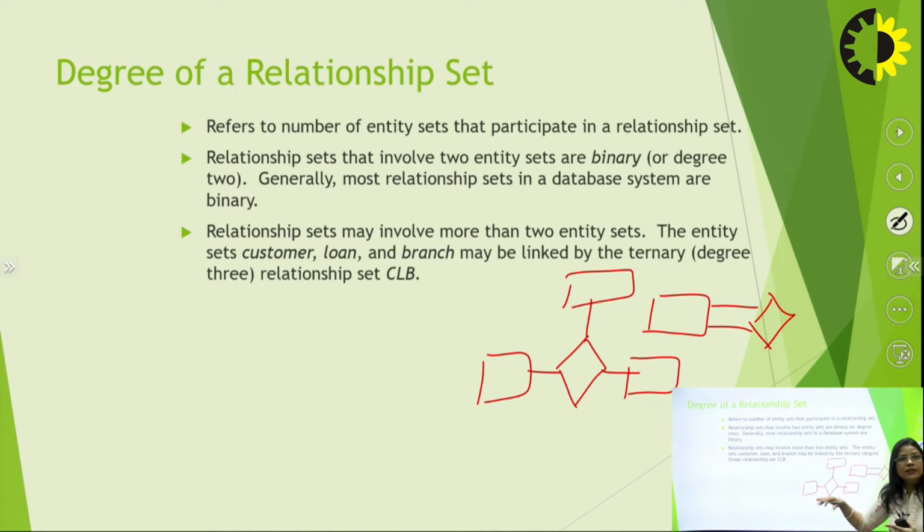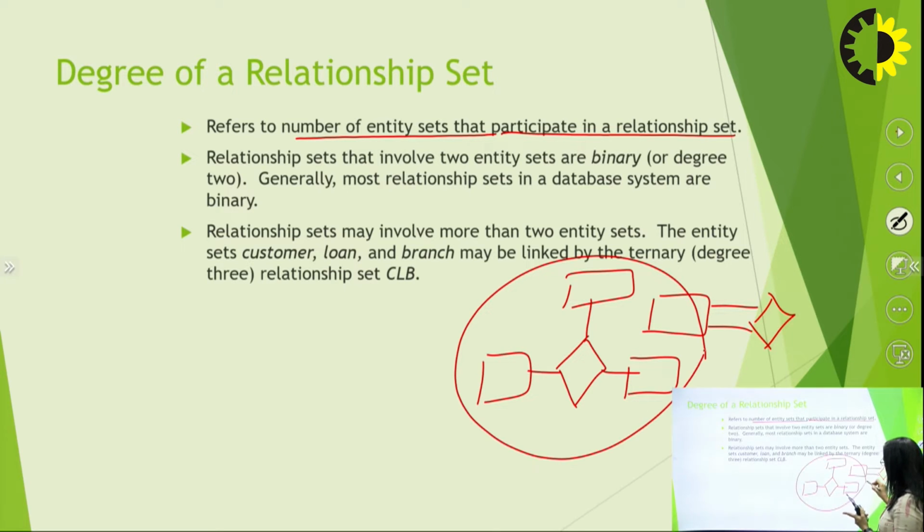So the degree of a relationship refers to the number of entity sets participating in a relationship. On this basis, it can be a unary relationship, binary relationship or n-ary relationship. Sometimes in some organizations, 3 or more entities are part of a single relationship, right?